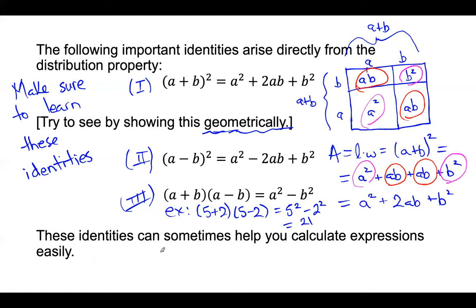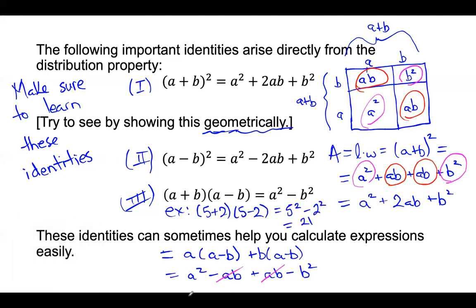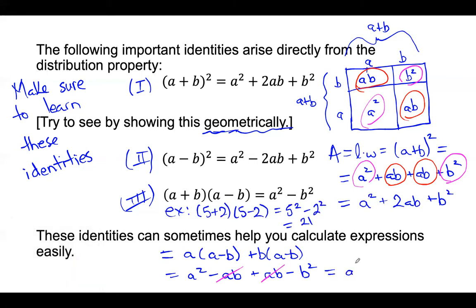So let me write that down. A times A minus B plus B times A minus B is going to be A squared minus AB plus AB minus B squared. You see that these cancel. And we have A squared minus B squared, which is the formula.